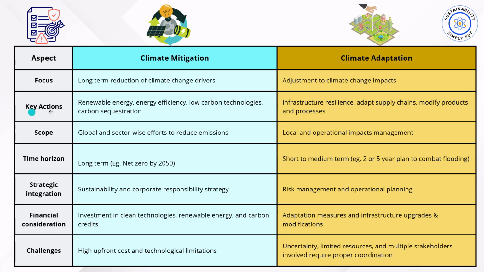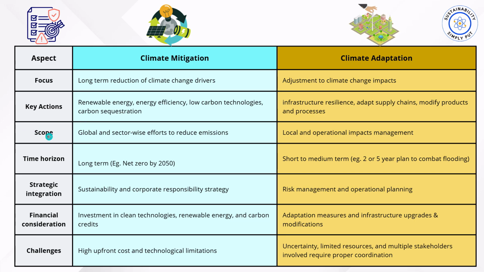Key actions in mitigation are having renewable energy, improving energy efficiency, low carbon technologies, carbon sequestration, carbon capturing. So these are the key activities that are done in climate mitigation. In adaptation, infrastructure resilience, adapt the supply chains, modify product and processes so that they are more resilient.